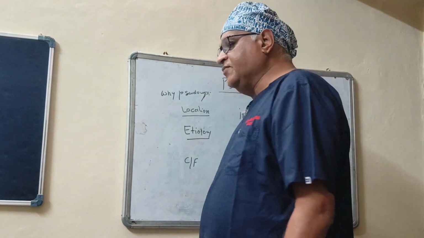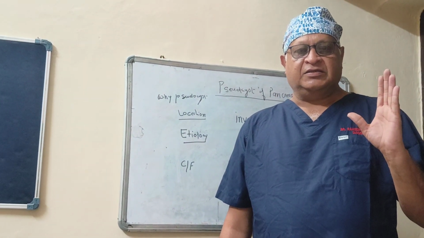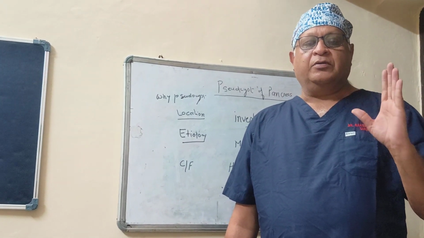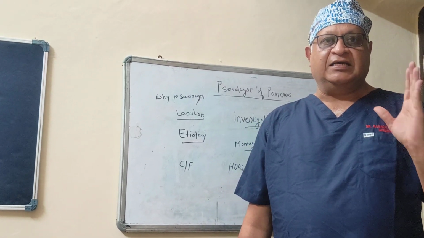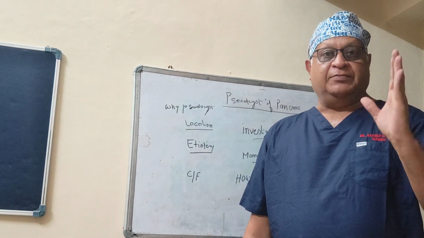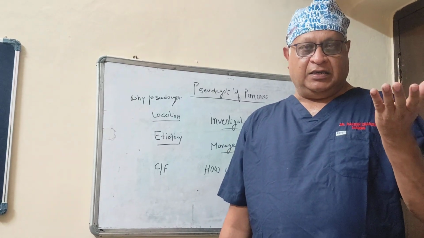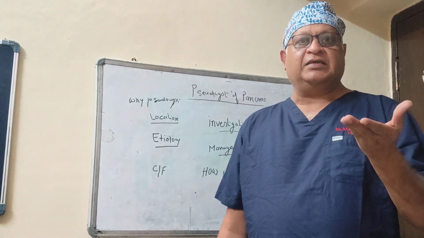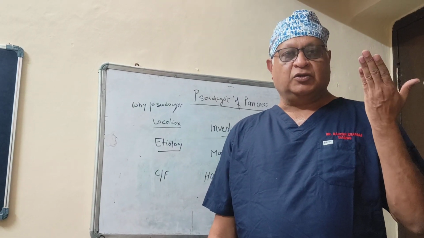Now, what are the clinical features? Clinical features depend upon the size of the pseudocyst. If large in size, there are compression symptoms, because it is located under the posterior wall of the stomach, so it compresses the stomach.